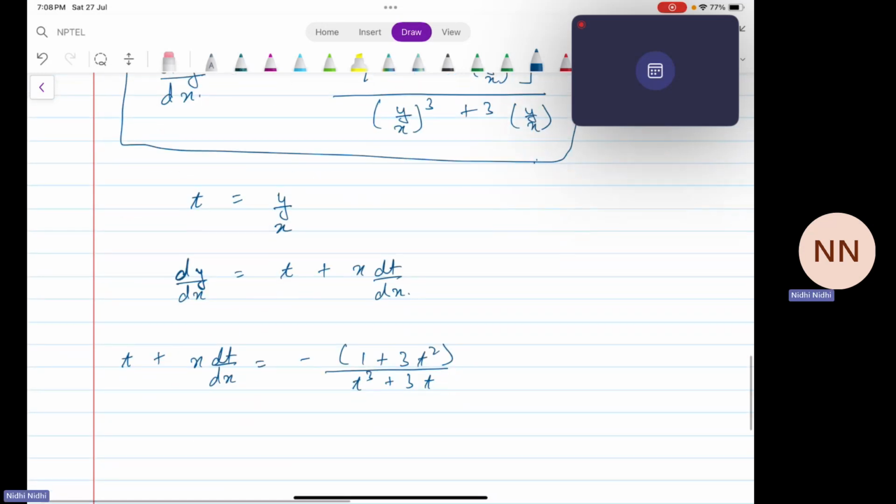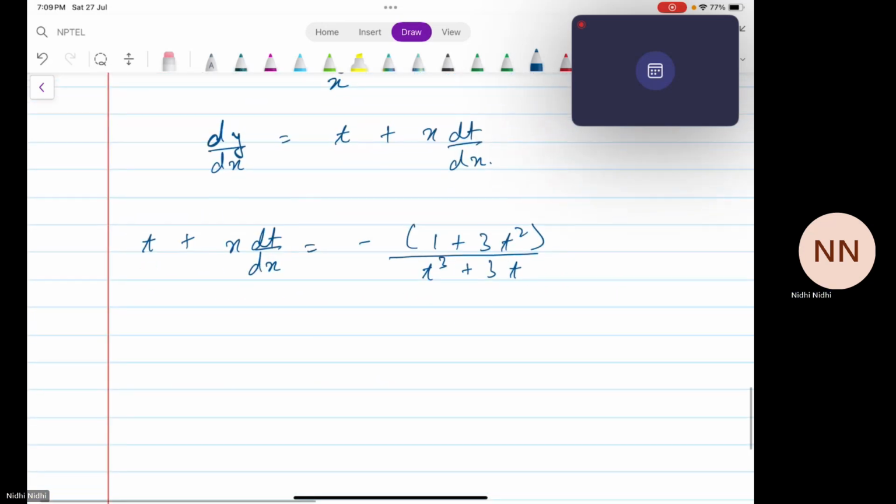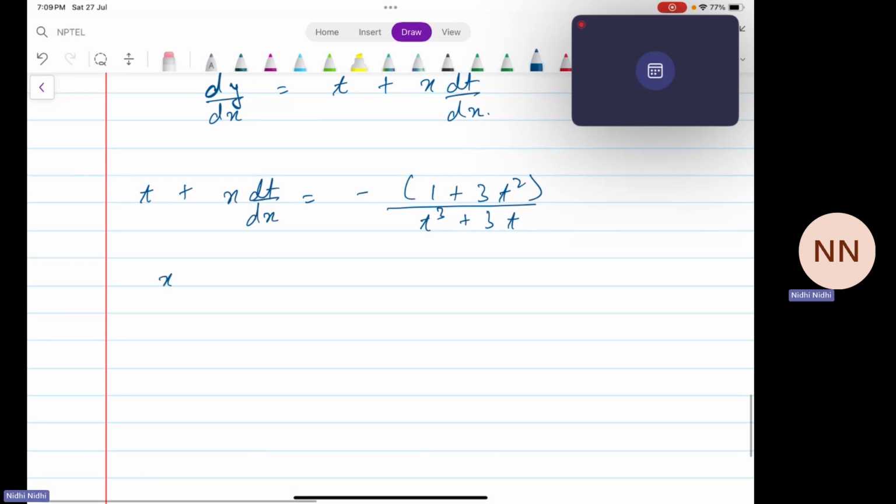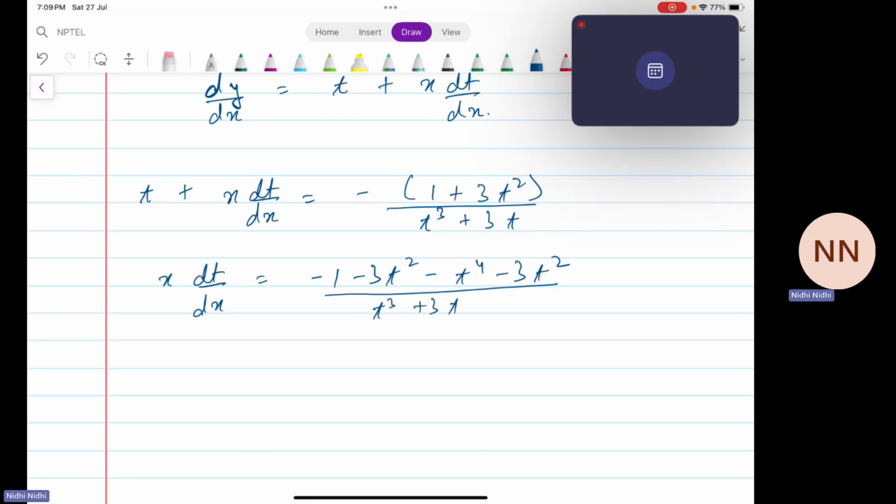So this gives us x dt by dx is equal to (minus 1 minus 3t square minus t power 4 minus 3t square) upon (t cube plus 3t), which is, taking minus common, minus (1 plus 6t square plus t power 4) upon (t cube plus 3t).